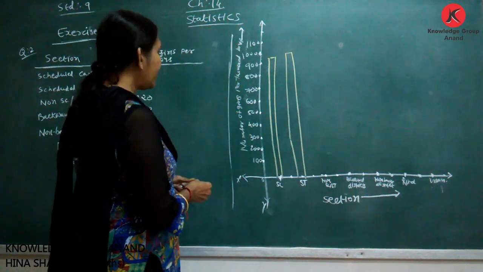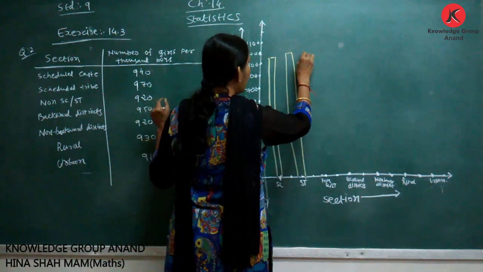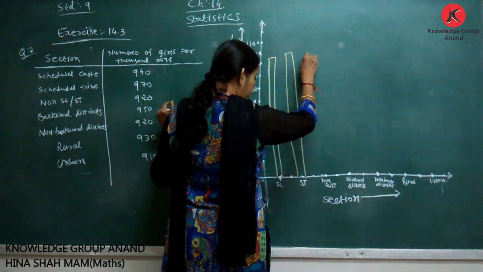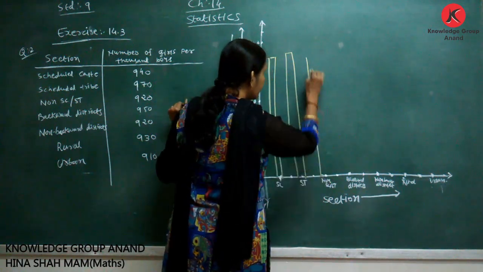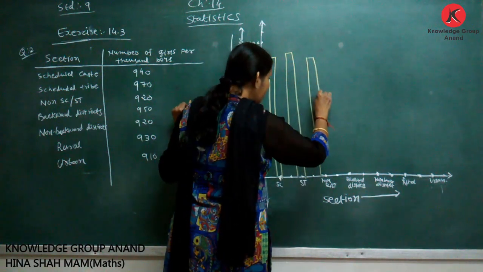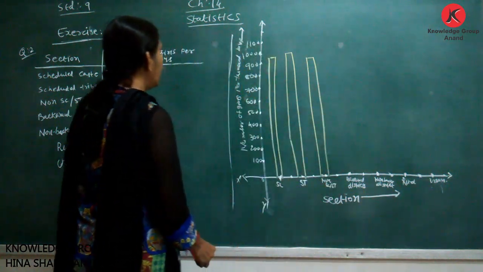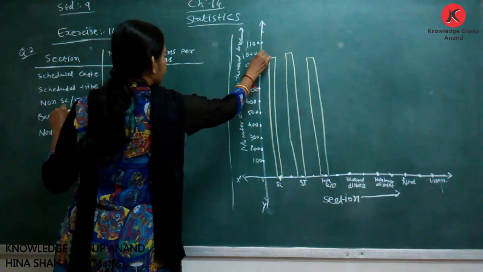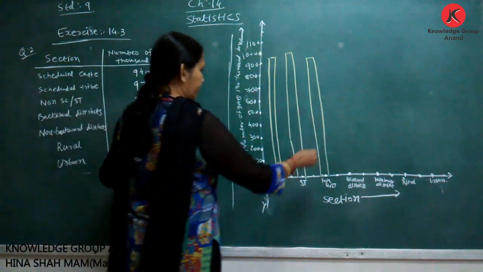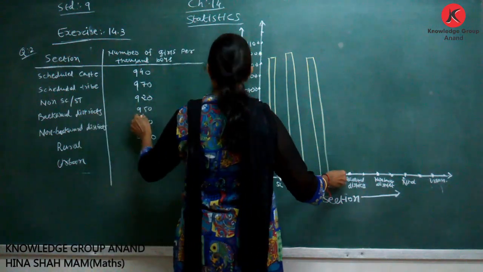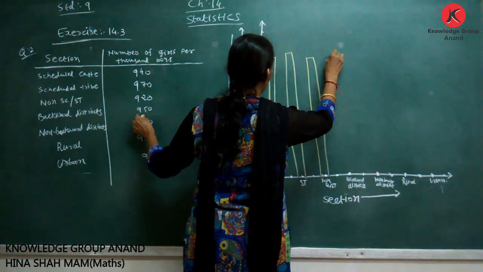Then write 920 for non-SC/ST. All values are above 900 up to 1000, between 900 and 1000. Then 920, 950. Backward districts here 950.